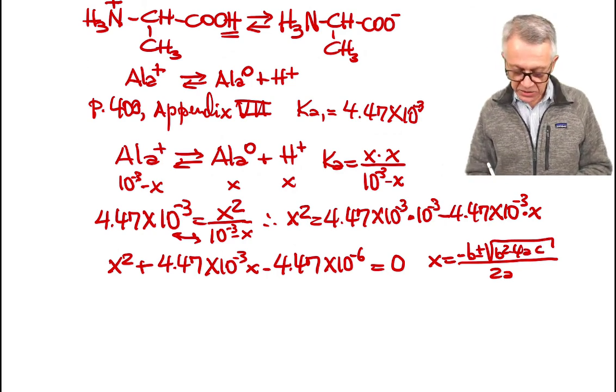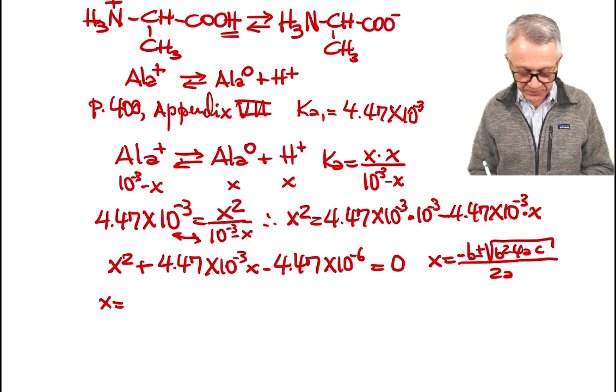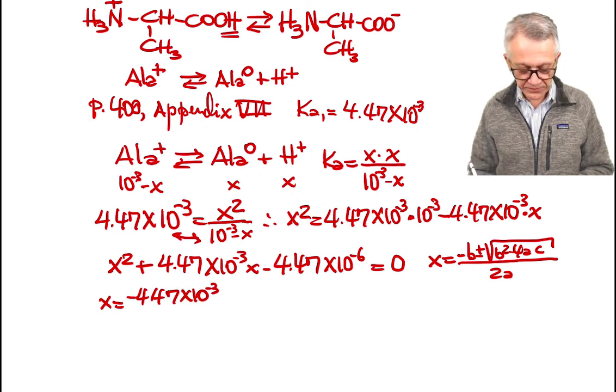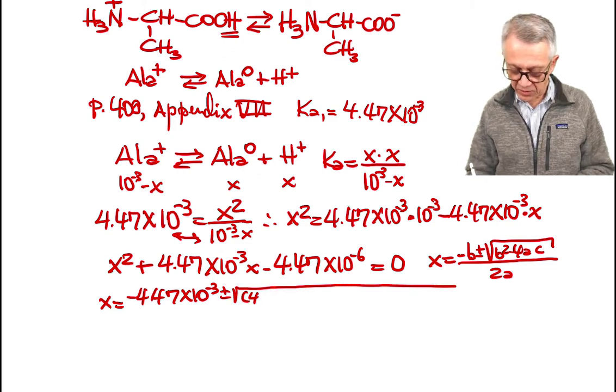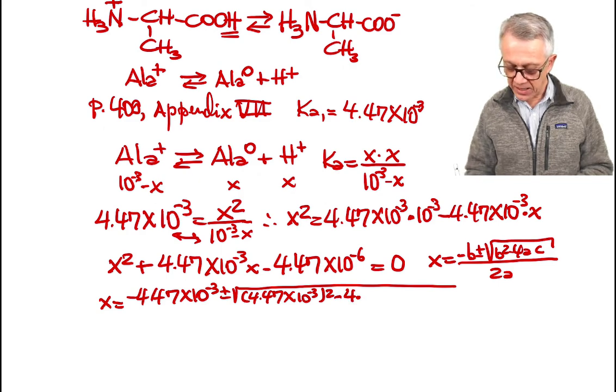So we plug in these numbers and then we get x equals minus 4.47 times 10 to minus 3 plus or minus, it's going to be a long term here, 4.47 times 10 to minus 3 squared minus 4, where a is 1, and b and c.